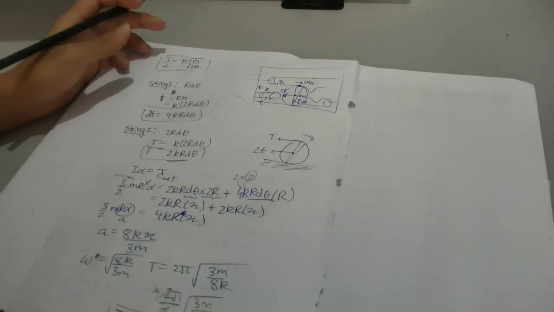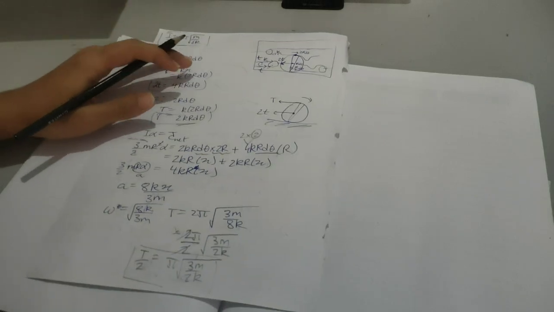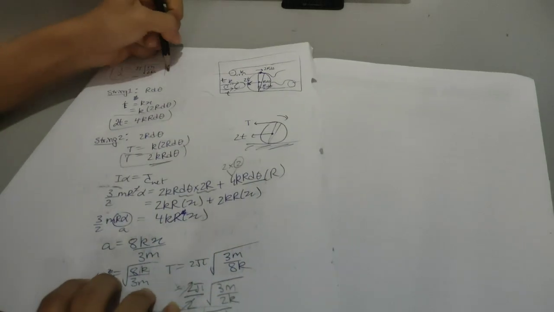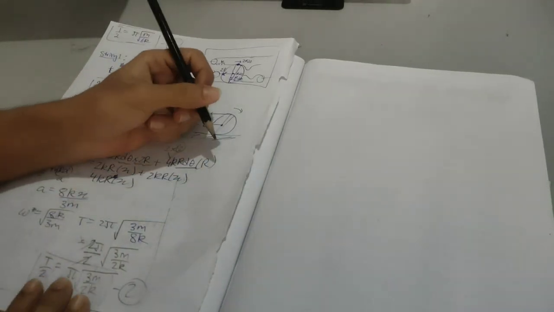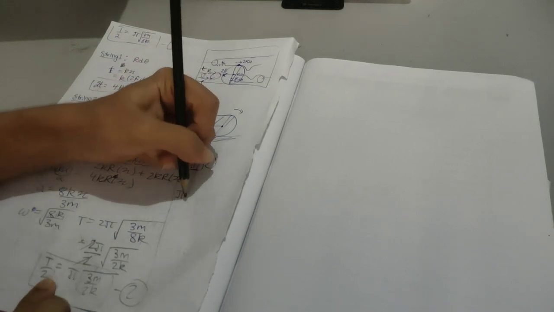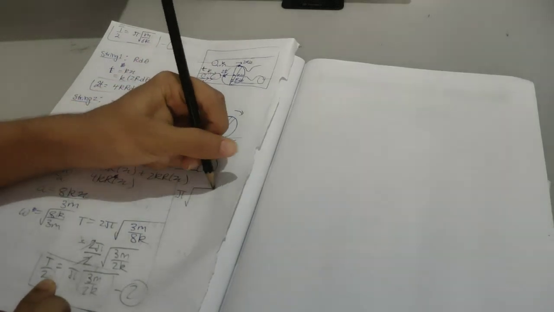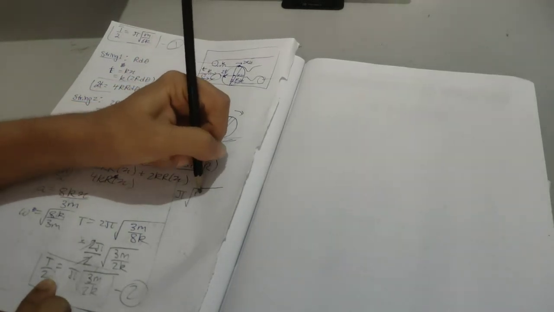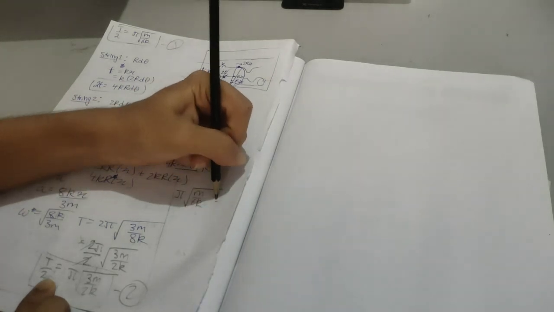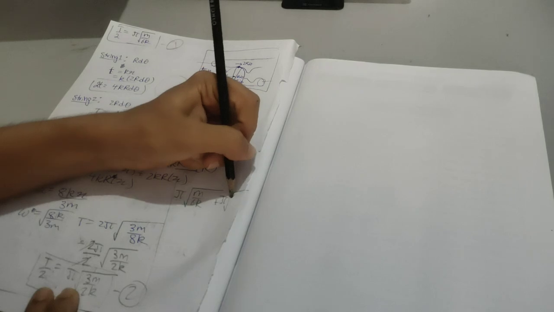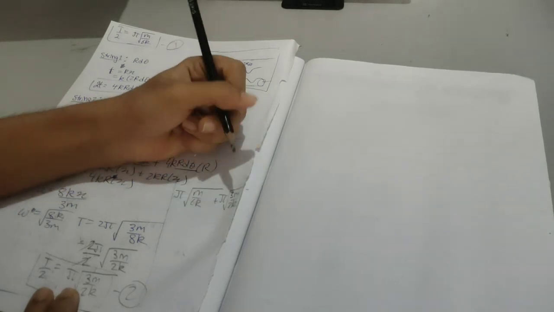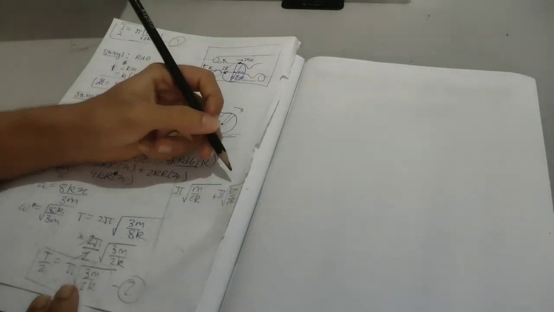and to find the answer we need to add both of these time periods, and the final answer is just going to be pi root m over 6k plus pi root 3m over 2k, right?